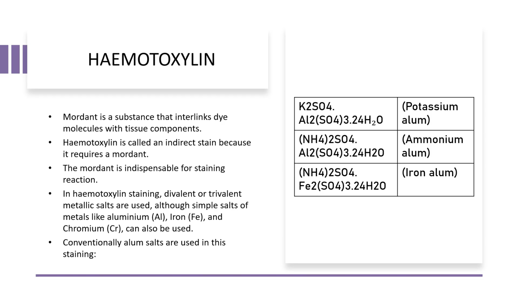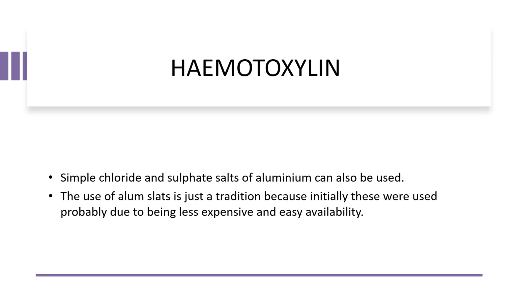So we can use potash alum, ammonium alum, and iron alum as a mordant for hematoxylin staining. Besides these mordants, simple chloride and sulfate salts of aluminum can also be used. The use of alum salt is just a tradition because initially these were used probably due to being less expensive and easily available.